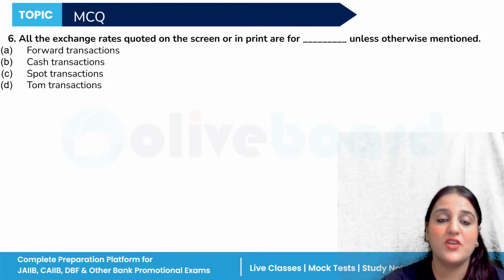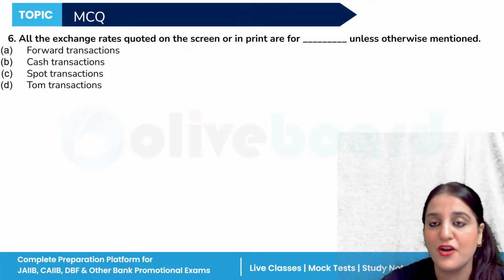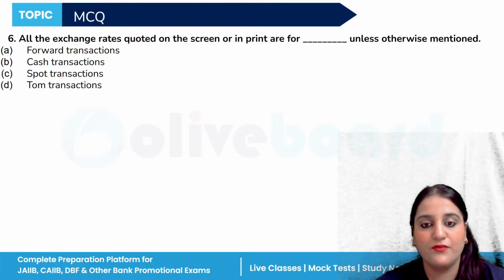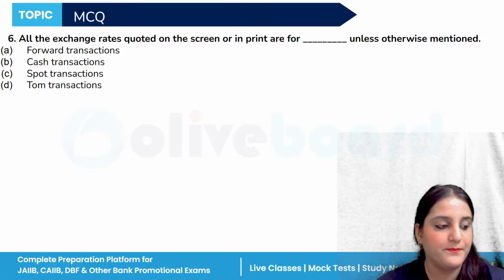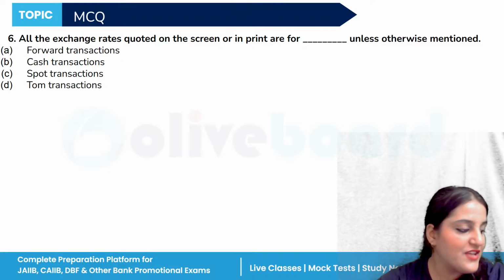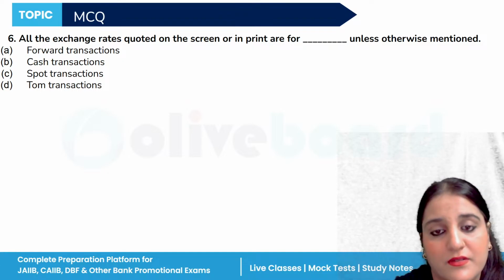Now all the exchange rates quoted on the screen or in print are of dash unless otherwise mentioned. Four transactions are given here: forward transactions, cash transactions, spot transactions, and tom transactions.